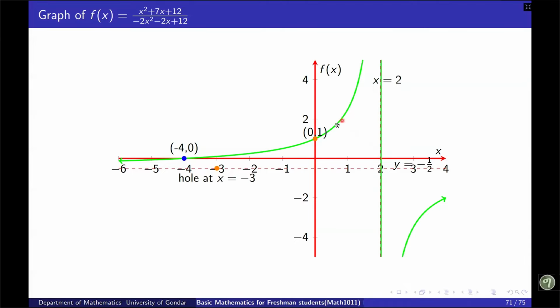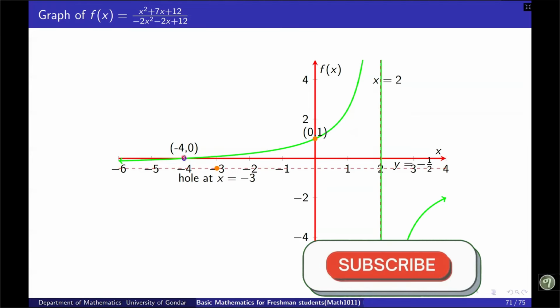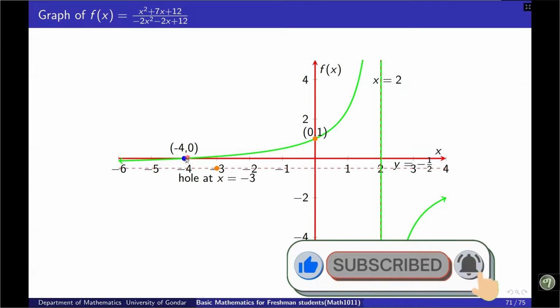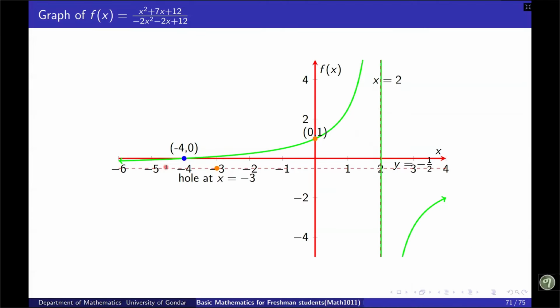And when x gets a very small negative number, that means x tends to negative infinity, the graph will intersect the x-axis at -4, 0, and it approaches the horizontal asymptote, that is y equal to -1/2, from above.